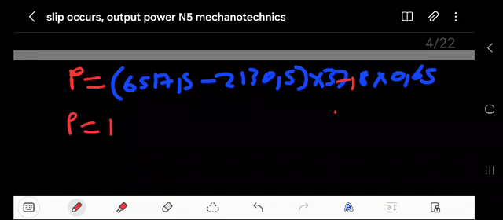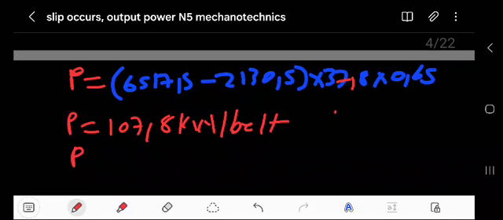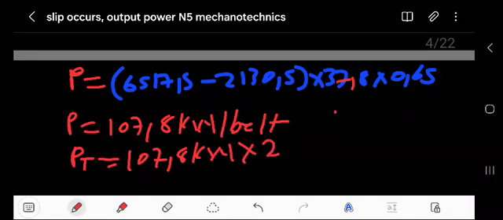Must be 1.8 kilowatts per belt. So the total output must be 1.8 kilowatts multiplied by 2, because we have 2 belts.